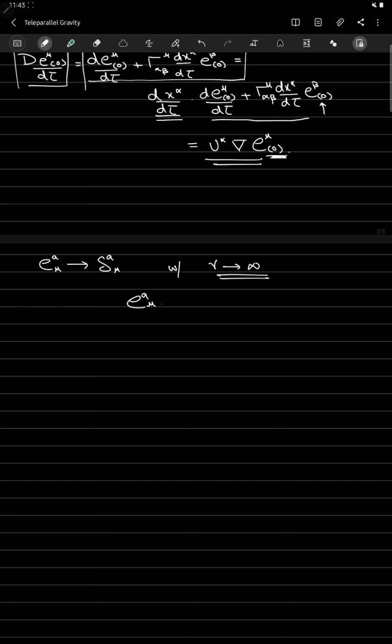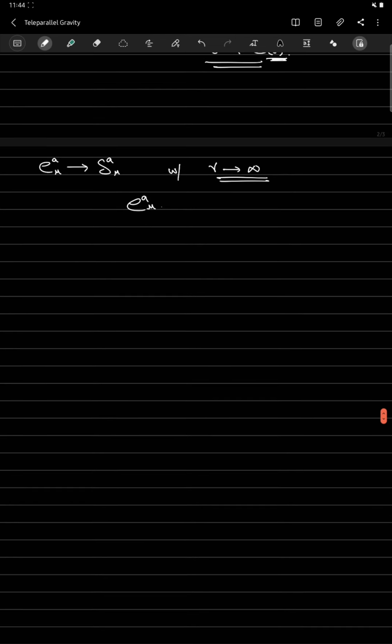Okay, now moving forward, the geometrical attribution of the tetrad field as an observer's frame may be given in the view of the acceleration of the frame along an arbitrary path. So let's call that path x mu of tau of the observer, right? So that's the arbitrary path of the observer.